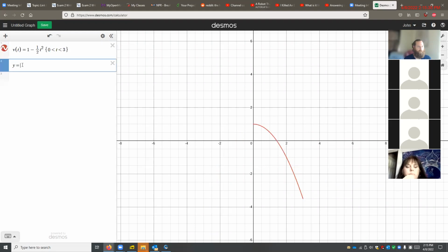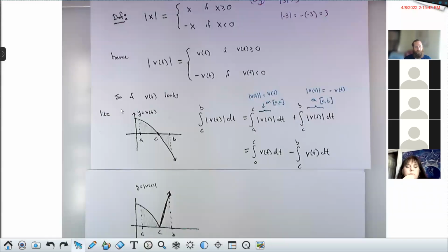And then if I want to graph the absolute value of v of t, that's the blue, right? But like I said, you do not need that picture in your head. You don't need the bottom picture in your head to do this. You just need the top picture and the understanding that when the function is negative, to get rid of the absolute values, you just slap on an extra negative and the absolute values go away. But you do need to make the split. You need to integrate where the function is positive separately from where the function is negative.